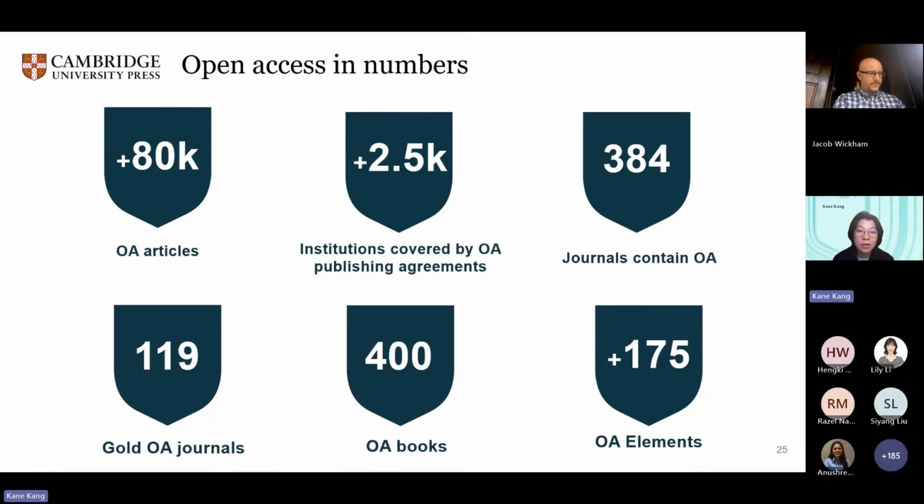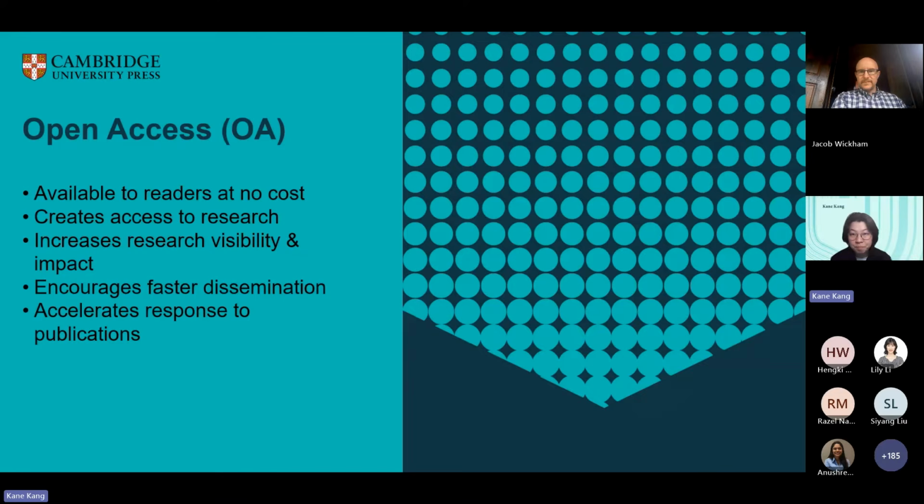We also have 384 journals containing OA, 119 Gold OA journals, 400 OA books, and about 200 OA elements. That's an overview of open access in numbers at Cambridge University Press.